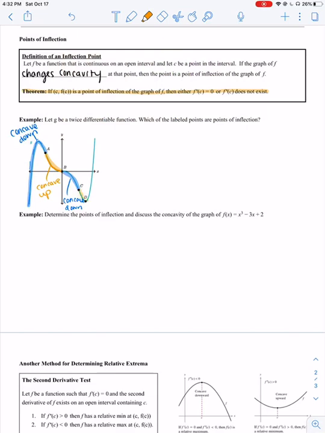I can see right away when I stop at D that it's a minimum point. That is not a point of inflection. So a local minimum is not a point of inflection. This last region is concave up. So the points of inflection here are A, B, and C.